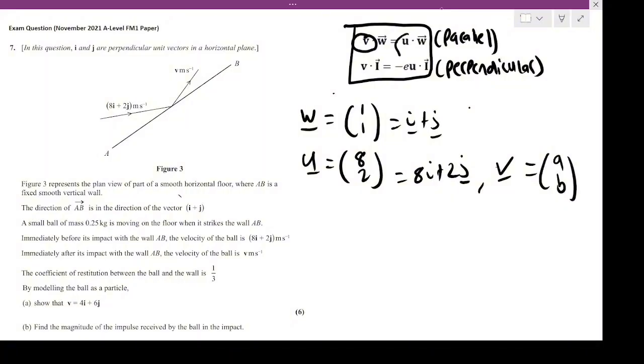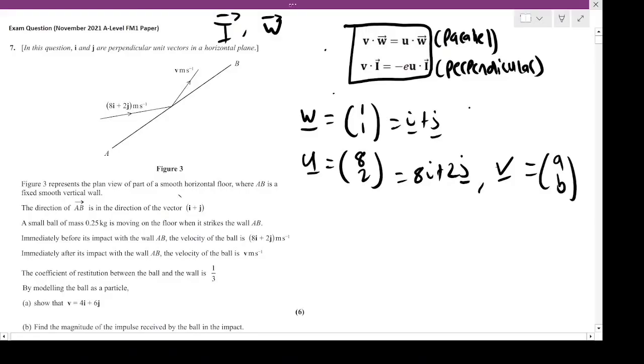Notice how v and u are standard, but w and I have arrows above them. That's not saying it's the unit vector, that's saying it's a direction vector. So for the impulse on the wall, I don't care about the precise vector. I just care about a direction vector.